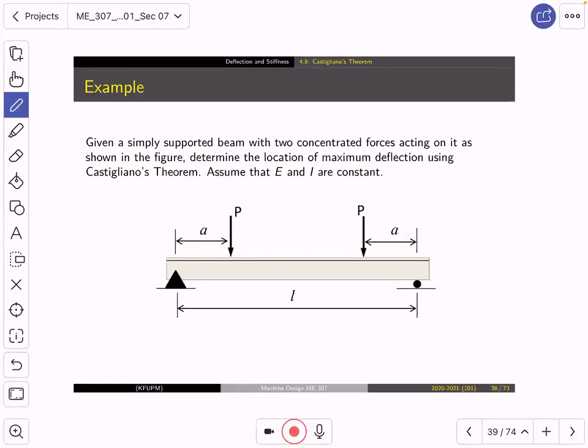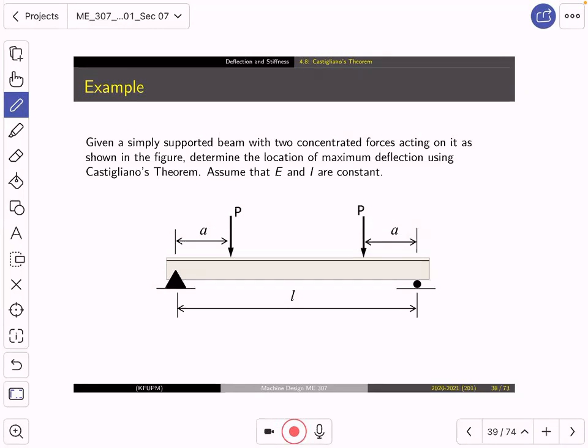So this problem says that if you have a simply supported beam like this one, with two concentrated forces, both equal in magnitude, acting downward, and we want to know the maximum deflection. It is assumed that E, the modulus of elasticity, and I, the moment of inertia, are constant.